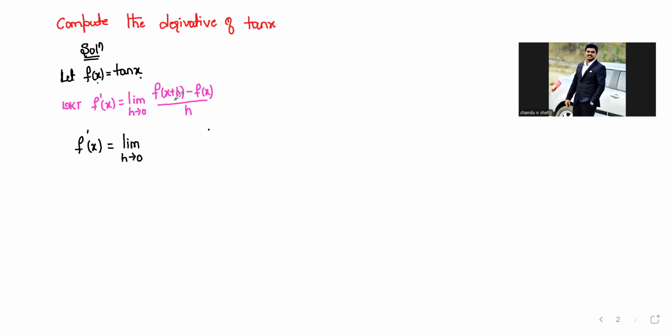So now in the place of x we have what? X plus h. So tan of x plus h we are taking minus f of x, tan x, divide by h. Got it, all of you?